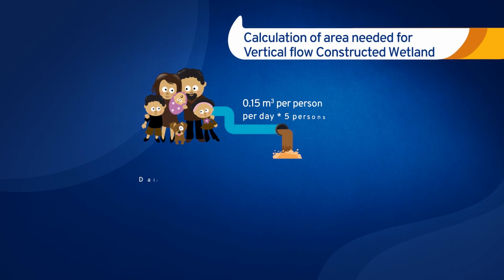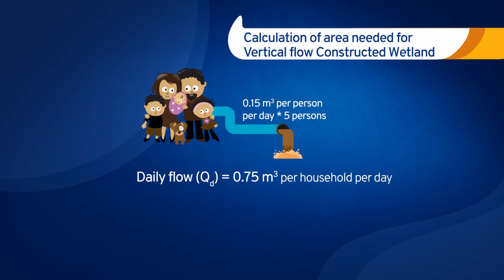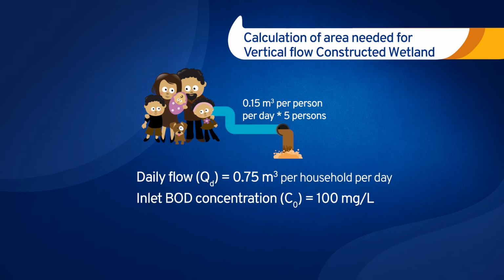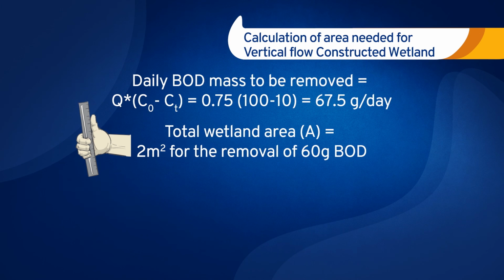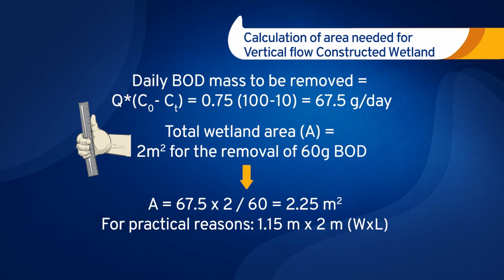As you may remember, we assumed a 5-person family that produces 0.15 cubic meter per person per day, with an inlet concentration of 100 milligram per liter and an outlet concentration of 10 milligram per liter. Going through the calculation, the estimated area for the vertical flow constructed wetland is 2.25 square meter, significantly smaller than the horizontal flow one.